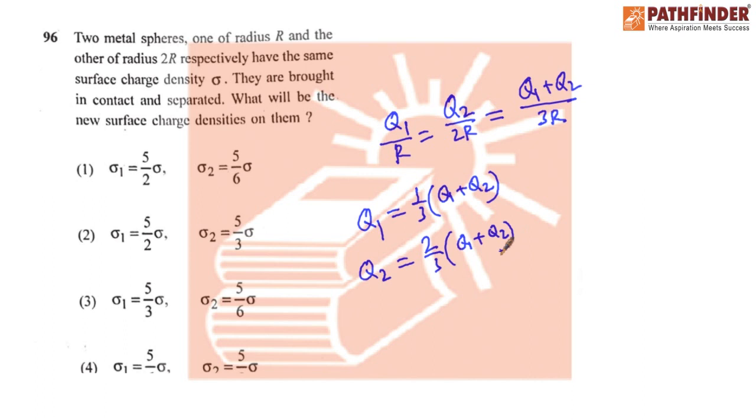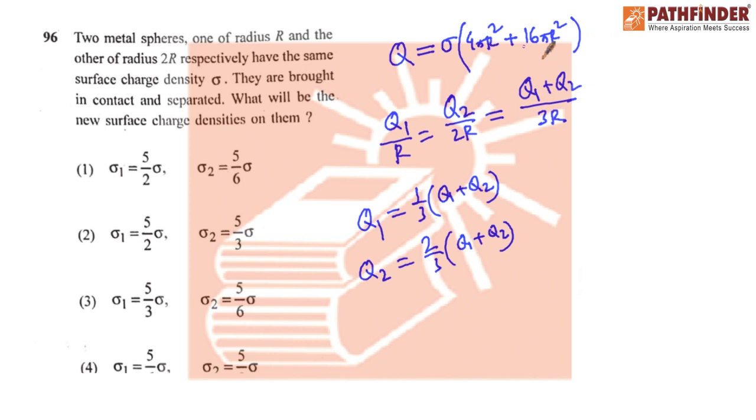Okay, so if you determine this, you can determine what is sigma 1 and sigma 2. Let's say the total charge, I am writing it by q. The total charge q is equal to, they had both same charge density sigma, so sigma times the total area of both. So the radius r has area 4 pi r square and the radius 2r has area 4 pi times 2r whole square, that means 16 pi r square.